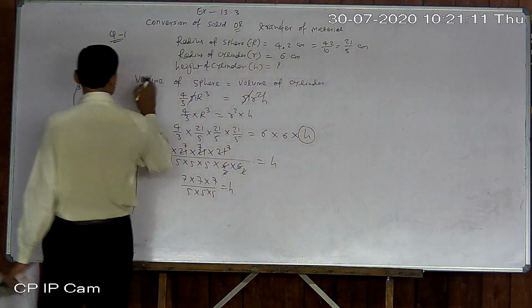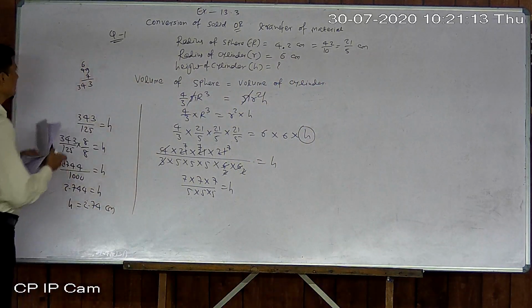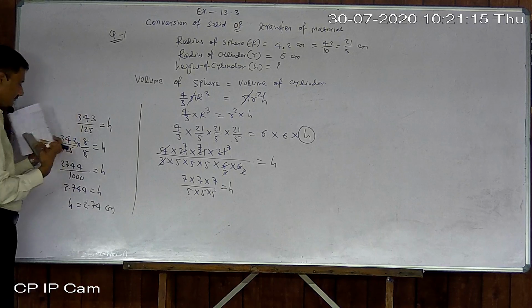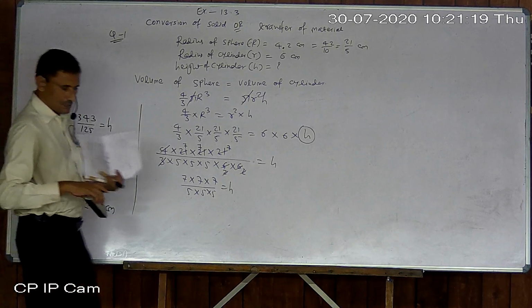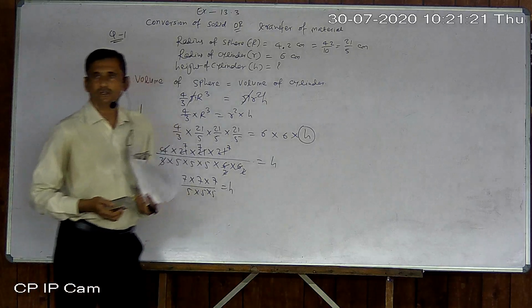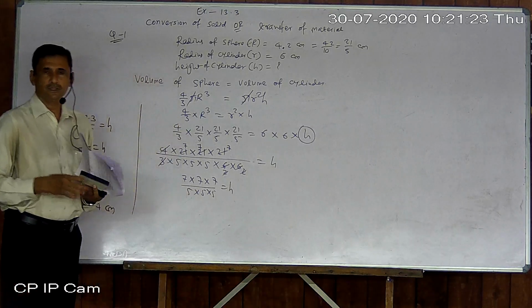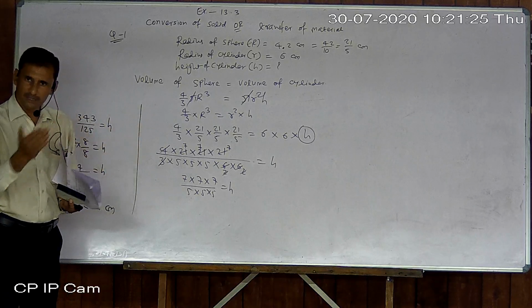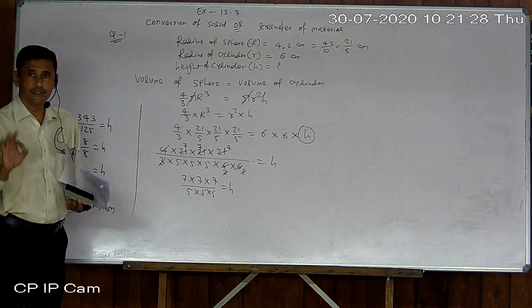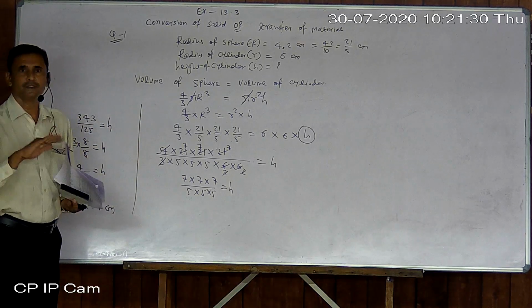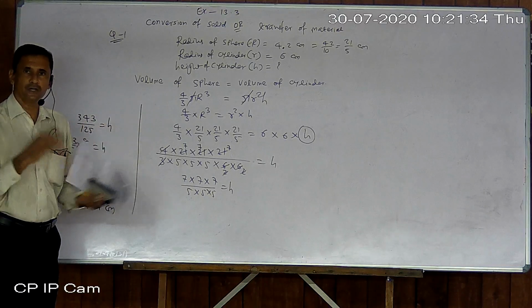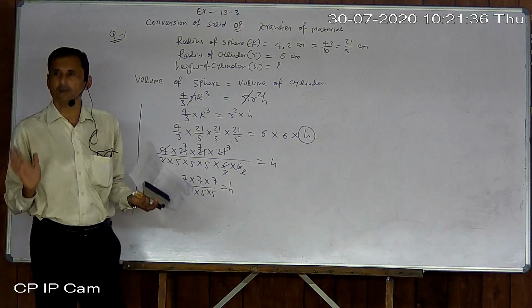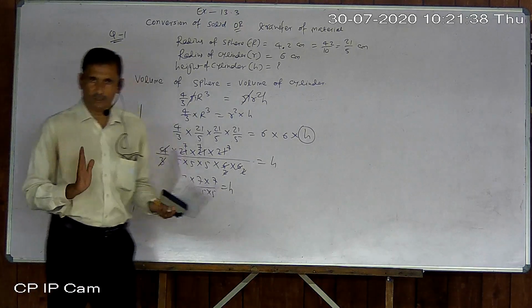Okay. So I will just again revise all the sums. First of all, read the question carefully. What is given? A sphere is melted and recasted into a cylinder. So it means the sphere is converted into a cylinder. So obviously the sphere's and cylinder's volume should be compared.